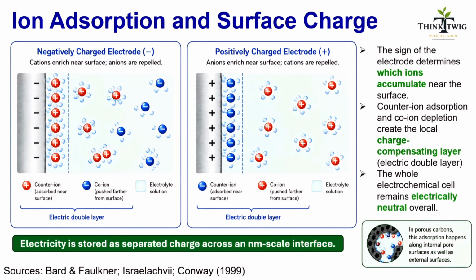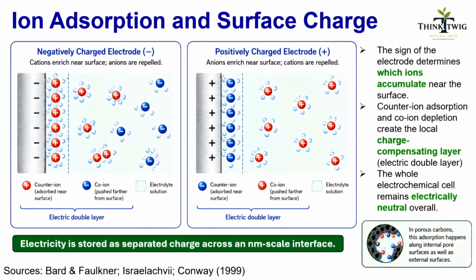At the same time, negative coions move away from that region, and the reverse happens at a positively charged electrode. So the double layer formation is not simply the arrival of counterions. It also involves the depletion of coions near the surface. Together, these changes create a local charge-compensating layer.